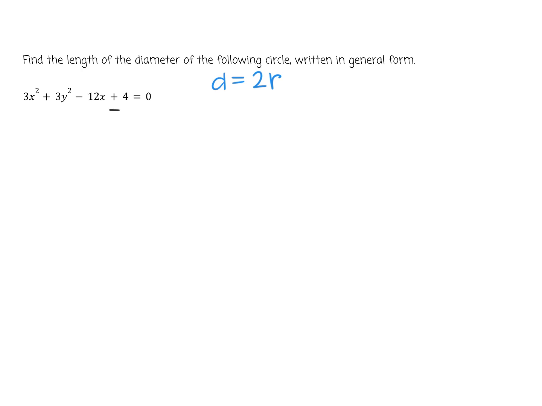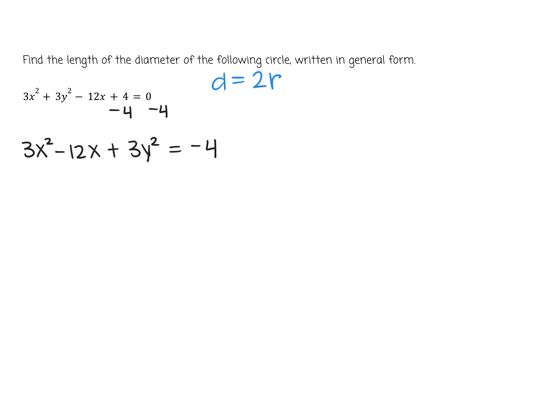So my first step is going to be to subtract that 4. So we have 3x squared minus 12x plus 3y squared equals -4. So 2 things here. There is no y term, so there's no just a number times y.